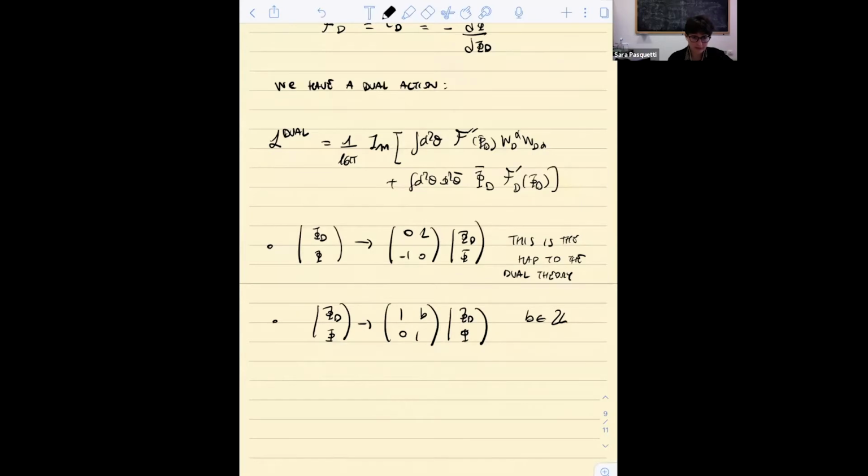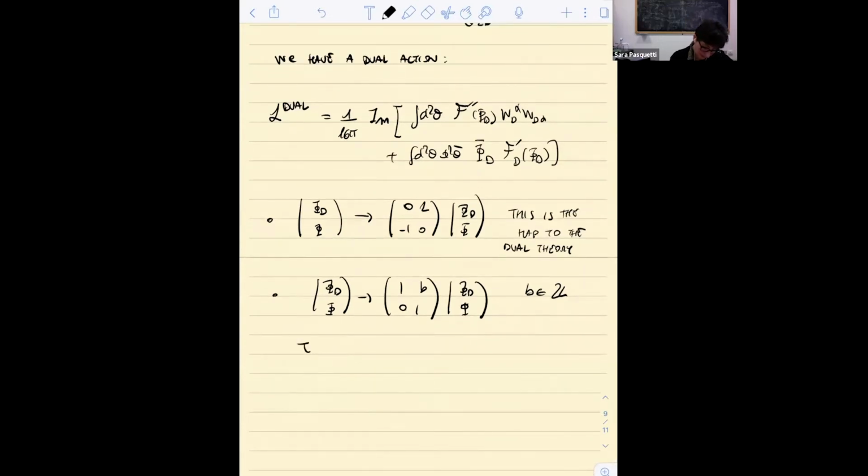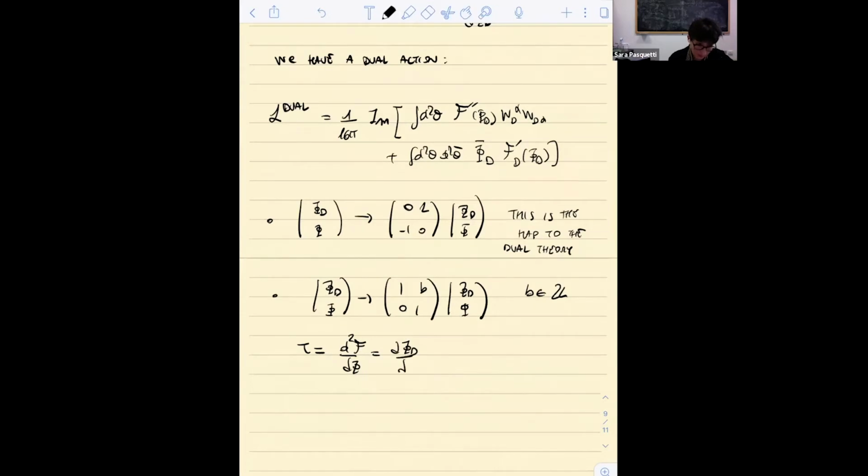And this is in fact a trivial symmetry of the theory. This is easy to understand because the coupling is basically the second derivative of F with respect to phi. The first derivative is phi dual, so this is d phi dual over d phi. But if I do this transformation, this sends d phi dual over d phi to d phi dual over d phi plus b, and b is an integer.